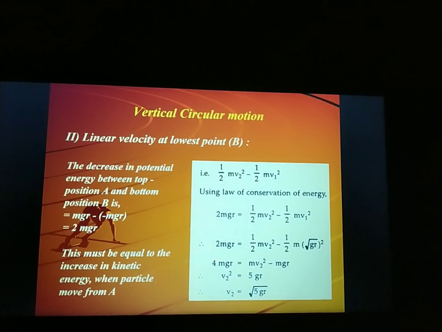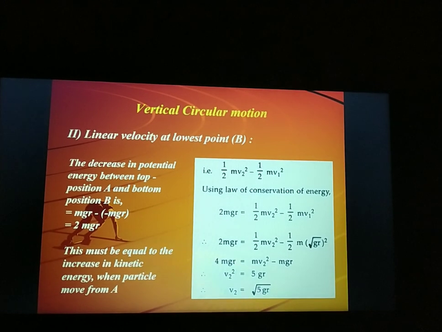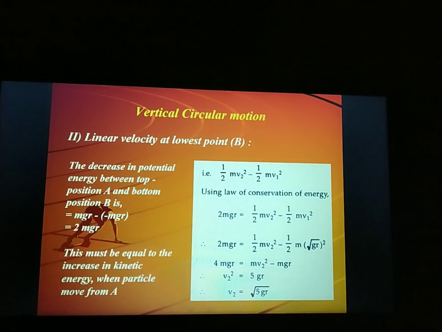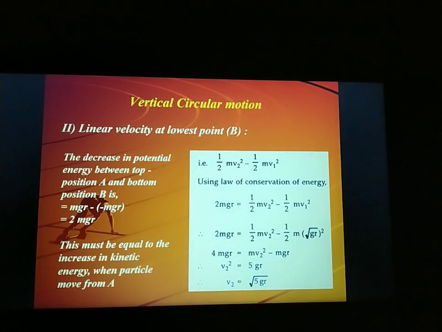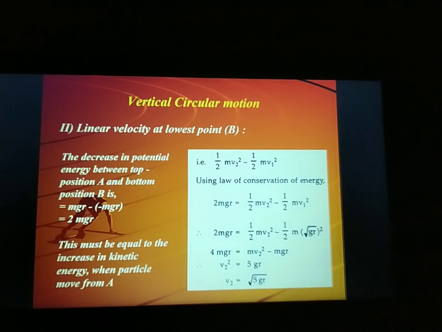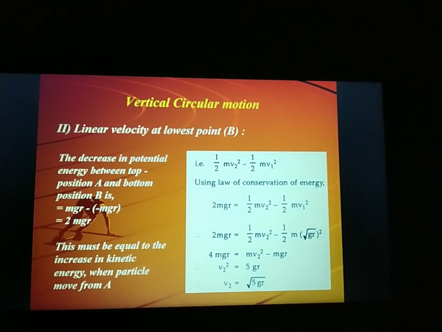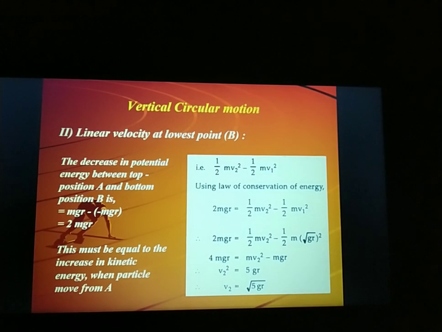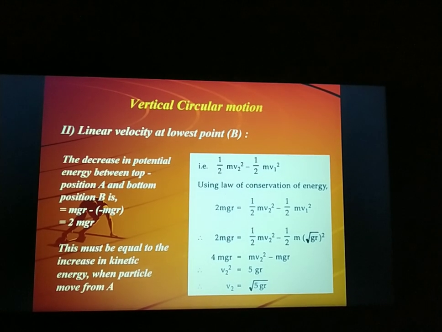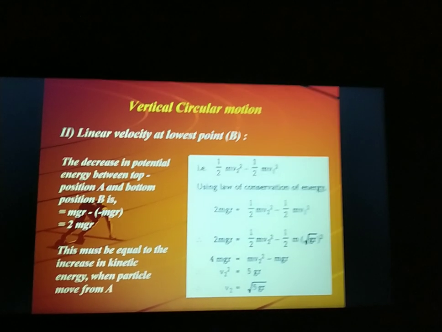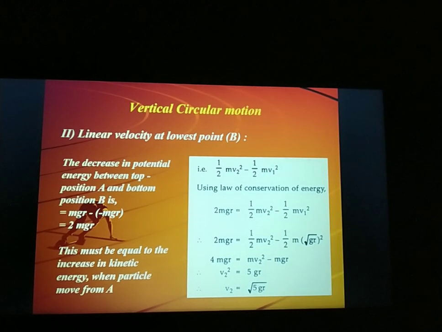From A to B, the height of the vertical circle will be the diameter, that is 2r, so the potential energy will be mg into 2r, written as 2mgr. The increase in kinetic energy is half mv2 square minus half mv1 square. This decrease in potential energy is balanced by the increase in kinetic energy, so 2mgr equals half mv2 square minus half mv1 square.